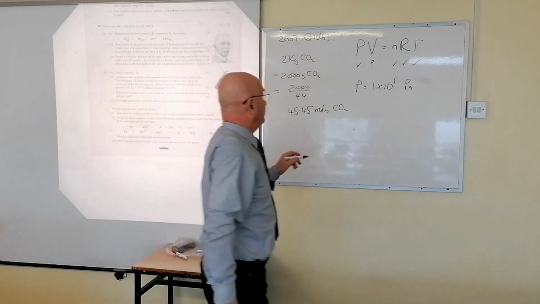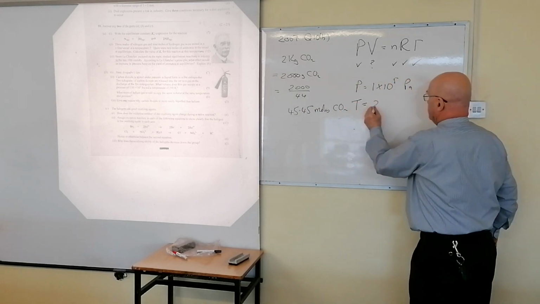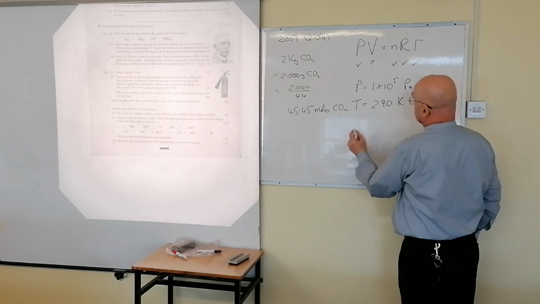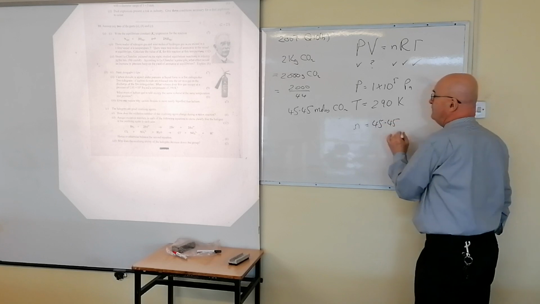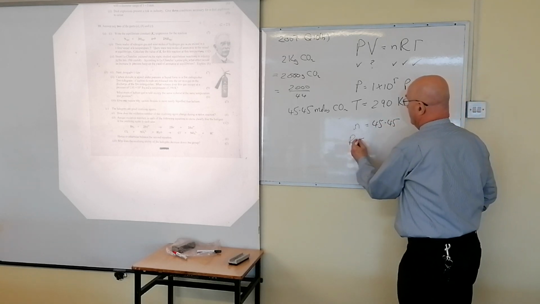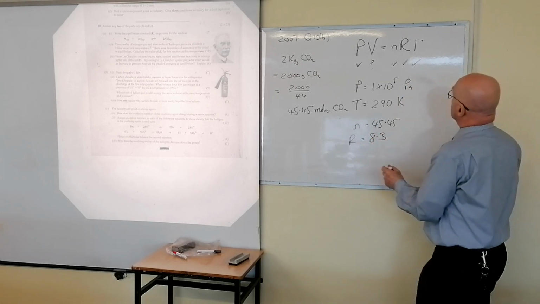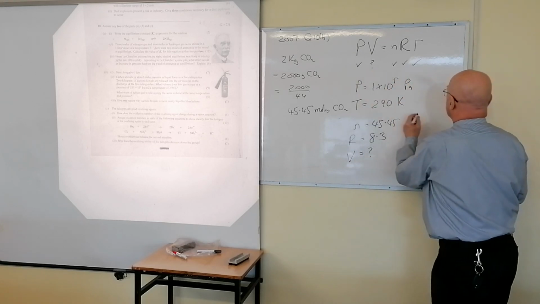The temperature, to speed things up, they give it to you in Kelvin: 290 Kelvin. The number of moles is 45.45, no units for that, of course. And R is given to you on the paper, 8.3. And you are looking for V. So you go and solve for V there.